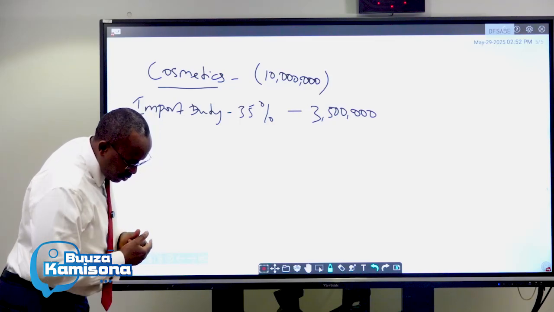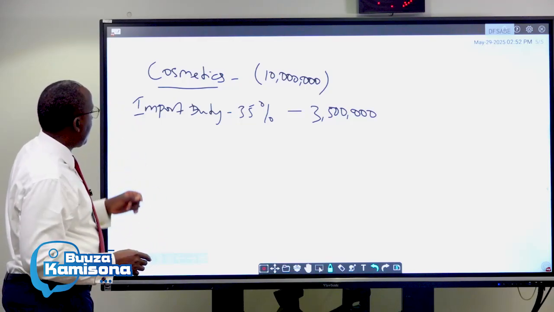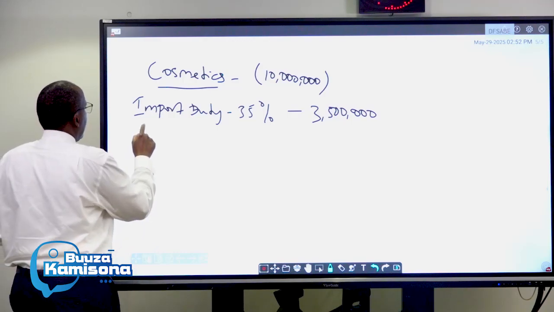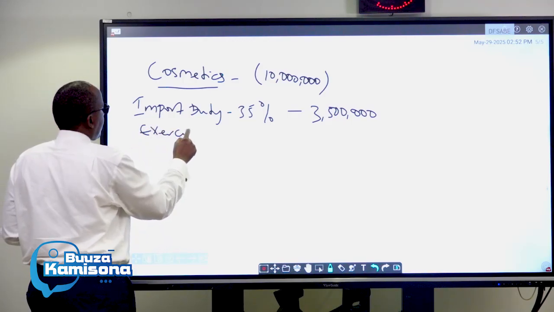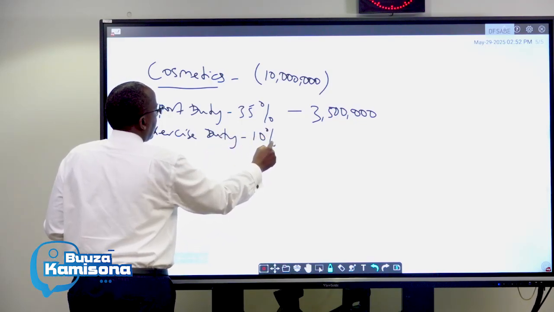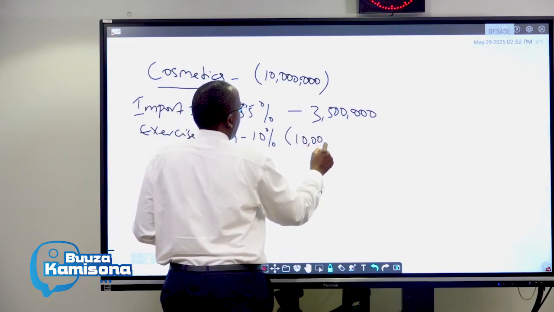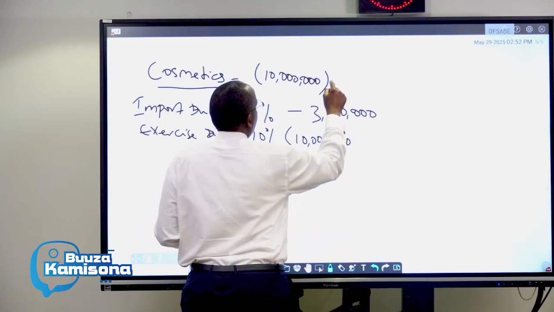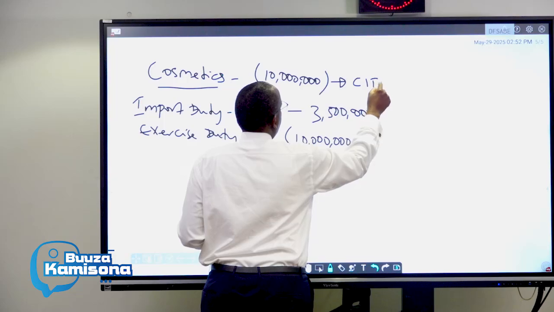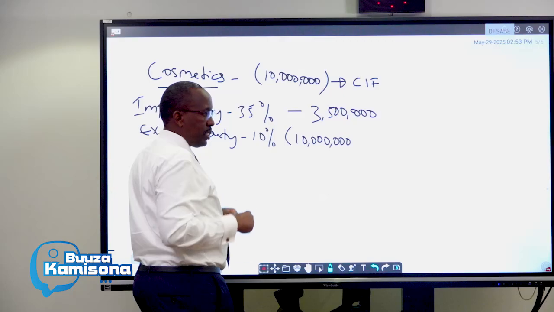Excise duty will be the 10 million plus the 3.5 import duty, and 10% of that. So excise duty will be 10%, but 10% of what? This 10 million is normally referred to as the CIF, cost, insurance, and freight, meaning the cost of goods plus the cost of shipment up to here.